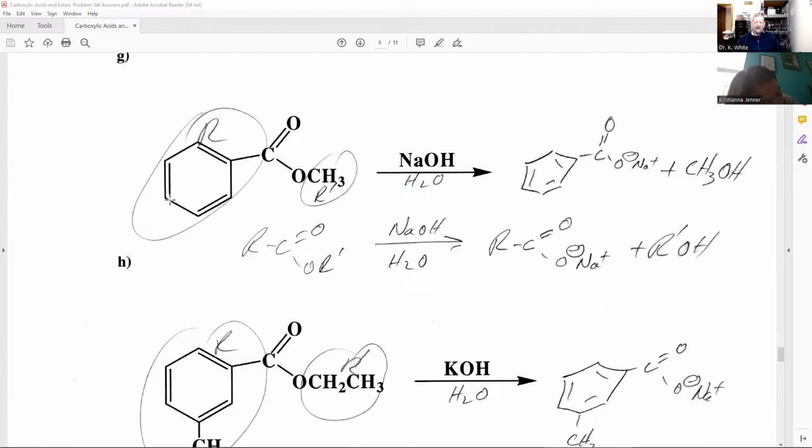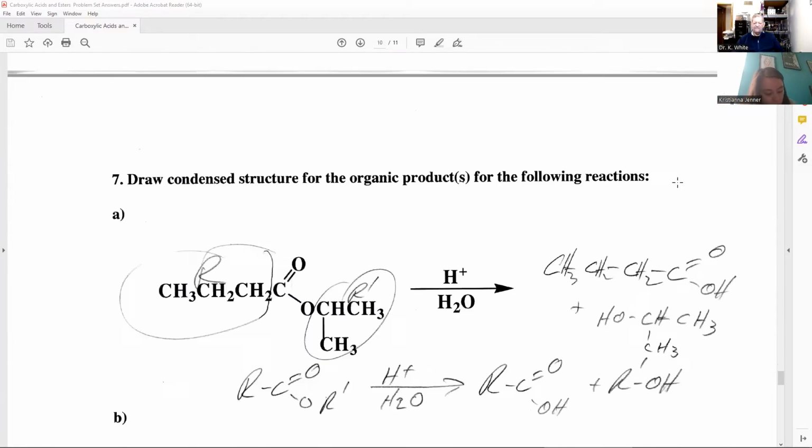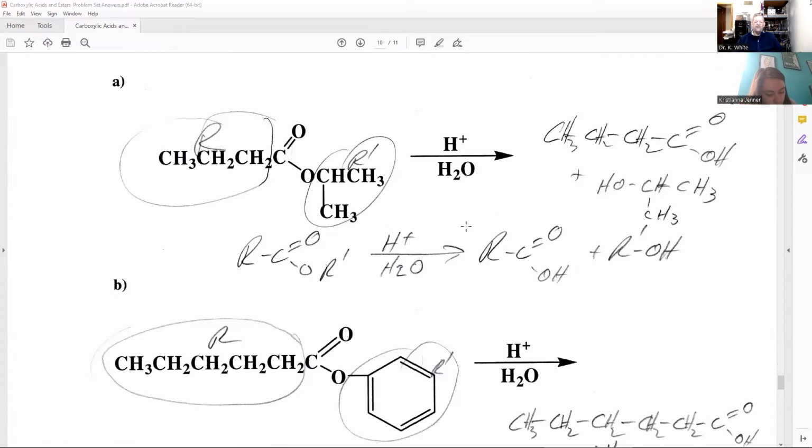In this case, R is a benzene ring, you get sodium benzoate, and the R prime gives you methanol. Now, if you do the same reaction with acid, you'll get back the carboxylic acid and the alcohol you would have used to make that ester.